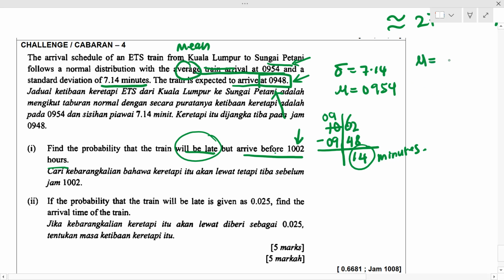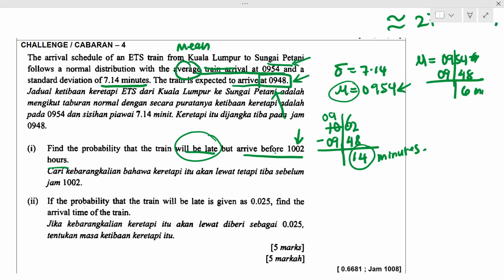The mean, I cannot accept this as the mean because it's in the form of time. So 0954 minus 0948, it will be 6 minutes. Okay, now everything is in minutes already.